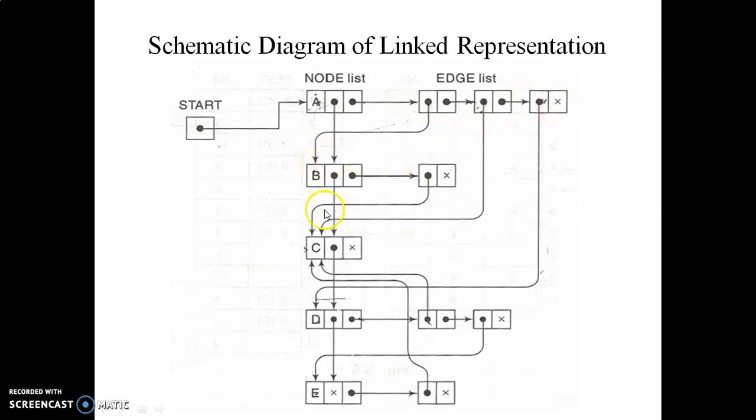In the same way, we obtain the node list and edge list considering all other main vertices, that is B, C, D, and so this is how we represent the link representation of a directed graph.